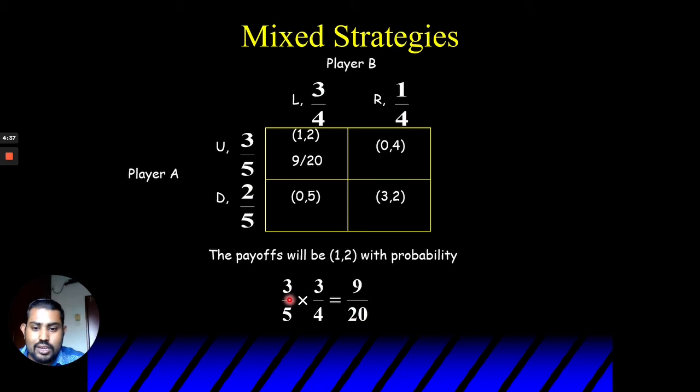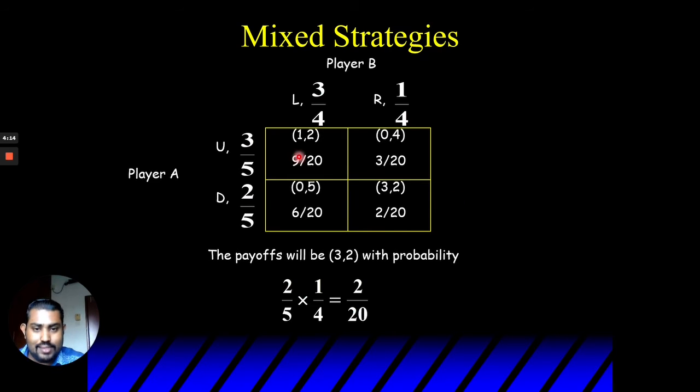It means 3 over 5 times 3 over 4. This is the same procedure as how I got the answers to question 1C and 1D in last week's tutorial. So 3 over 5 times 3 over 4 gives 9 over 20. Next, you need to do the same thing for the rest of the matrix. So here you get 3 over 20, 6 over 20, 2 over 20. This is the first step.